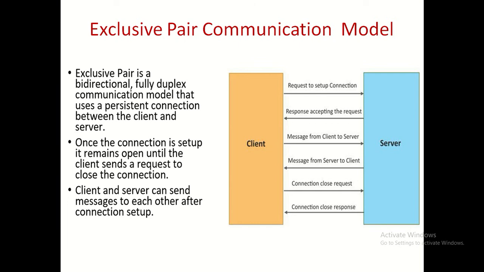We will talk more about this in the subsequent slides. The server accepts the request, and then messaging takes place between the client and server, which is bidirectional communication. Once again, the client will terminate the service, and in response, the server will terminate the connection. So we are looking for an exclusive pair communication when it comes to the real-time virtual lab.